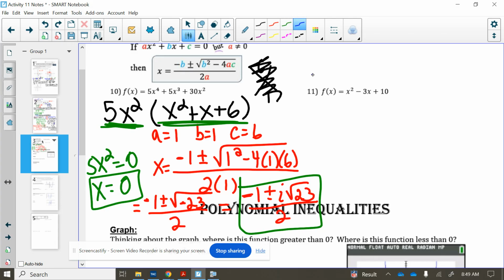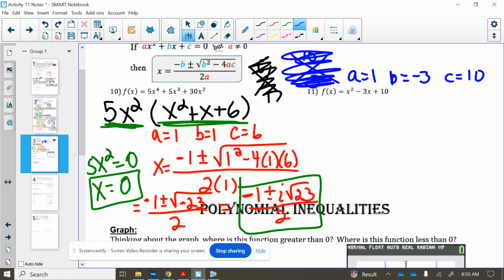And our final example, again, there is nothing that's going to multiply to be 10 that adds to be negative 3, unfortunately. So we would have to use our quadratic formula where a is 1, b is negative 3, c is 10 this time. And we would say x equals negative 3, right?